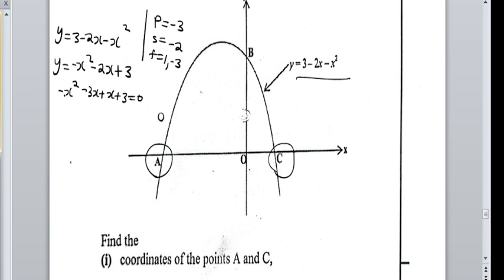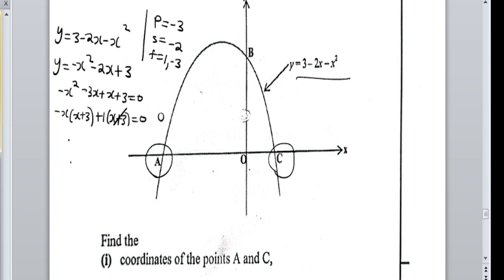We're going to discover that negative x is common. Then remain with positive x, plus 3. Then in here, what is common is positive 1. Remain with x plus 3 is equal to 0.